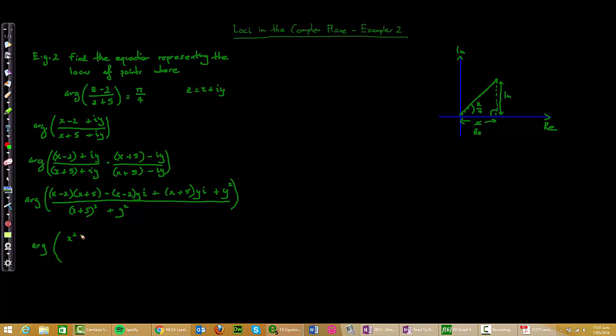We're going to get x squared, 5x minus 2x becomes plus 3x, minus 10, minus xyi, and negative 2 times yi becomes plus 2yi, and this becomes plus xyi and plus 5yi plus y squared, and all over our denominator.